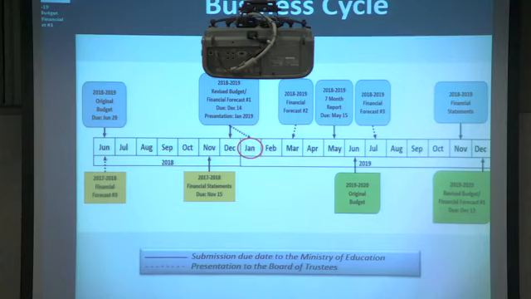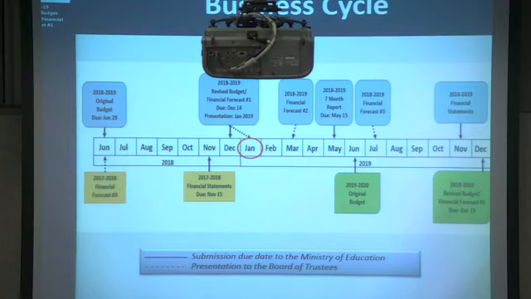Between financial forecasts number 2 and number 3 on the chart, the business department also prepares a 7-month financial report, and this gets submitted to the ministry in May. The reason for this is that school boards are required to provide this financial data to meet the province's year-end reporting requirements so that the government can consolidate broader public sector organizations.